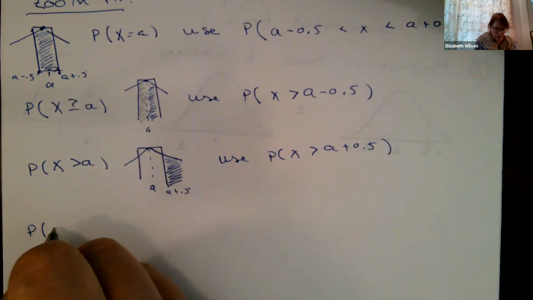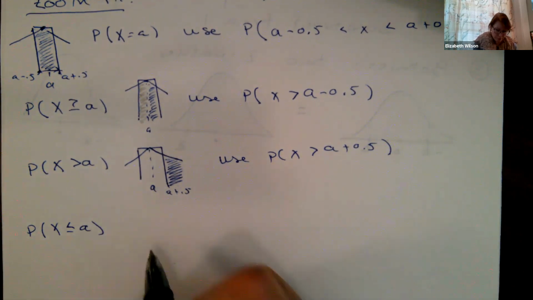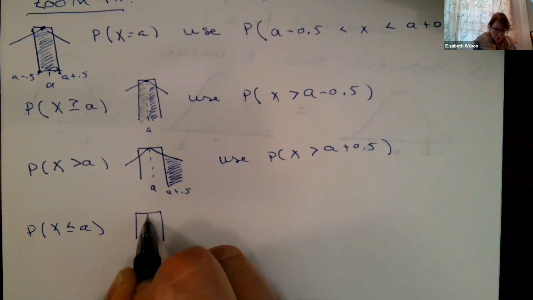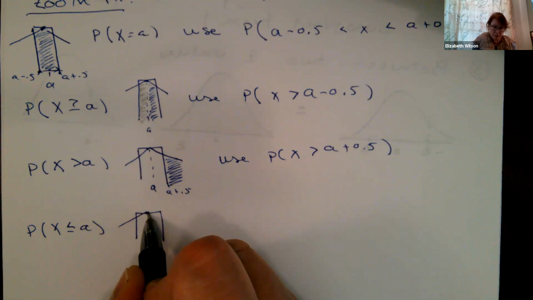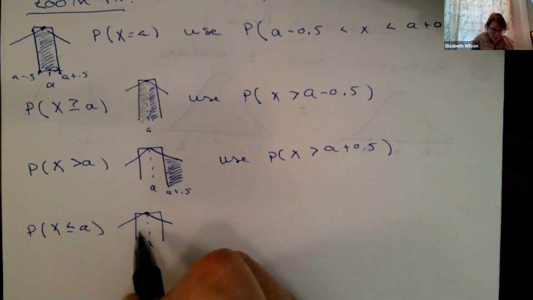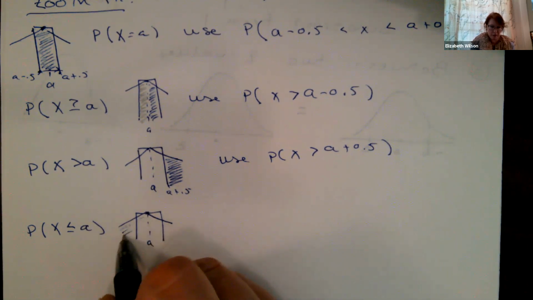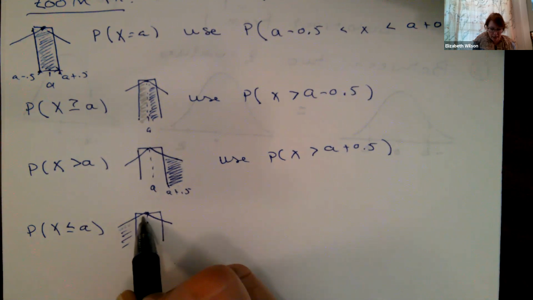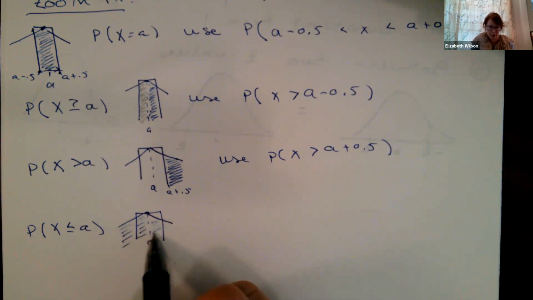So the probability that x is less than or equal to a, let's think about what that looks like. Here's our box with a right in the middle. Our normal curve comes up, and we've got these things that we need to correct for. If it's less than, what I want is this bit right here, but I want to include a in that. So in order to include a, I have to include all of this stuff.